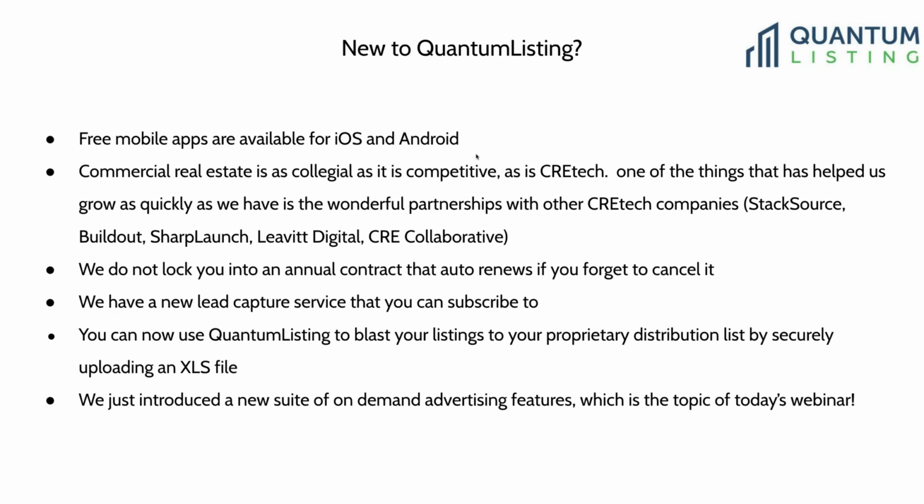And our newest partner is the CRE Collaborative, which will syndicate your listings out to them. And if you are a member of CRE Collaborative, you'll be able to get some data enhancement for your listings, including tax information and things like that.